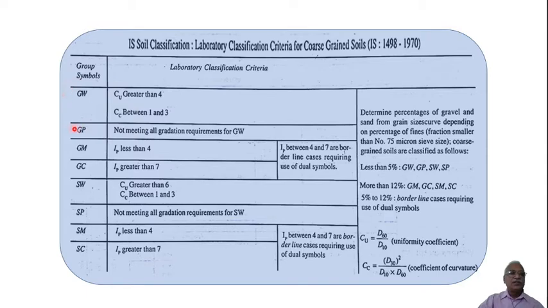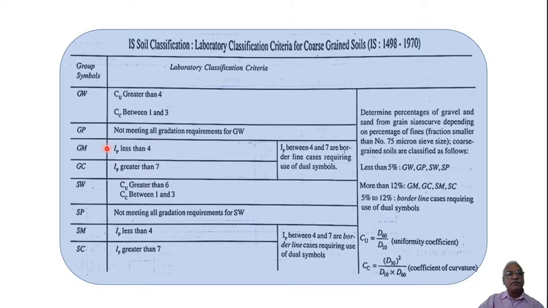One more condition is, if you want to classify this, your fines, means the percentage of particles less than 75 microns, have to be less than 5%. If percentage of fine particles is greater than 7%, in that case it will be GM or GC.